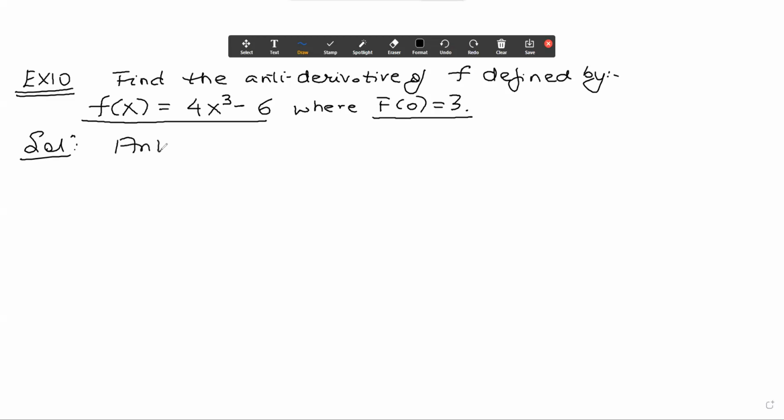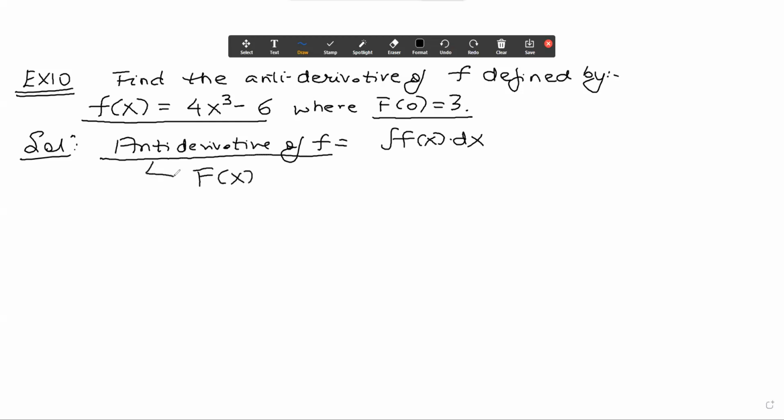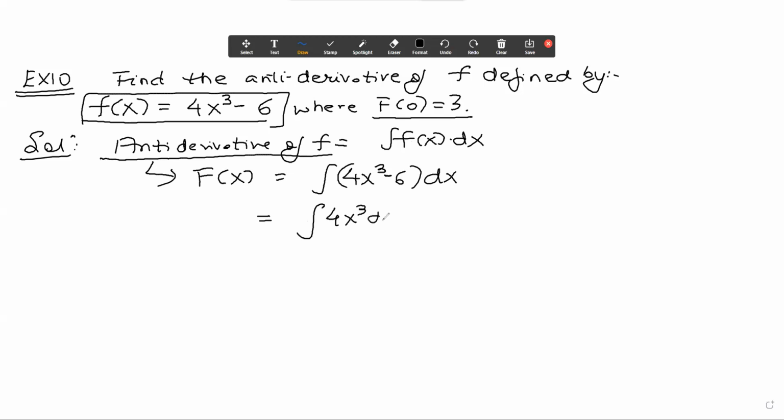The antiderivative of f is given by integral f of x dx. What do I call the antiderivative? Capital F of x, right? Antiderivative is called capital F of x. It is nothing but integral small f of x, which is integral of 4x cube minus 6 dx, which will be integral 4x cube dx minus integral 6 dx, which I can write as 4 times integral x cube dx minus 6 times integral dx.